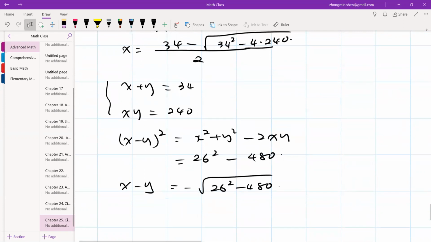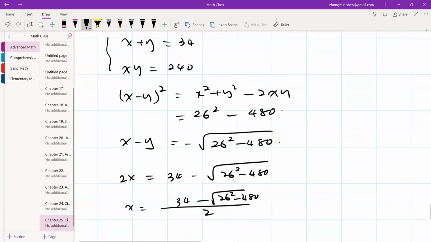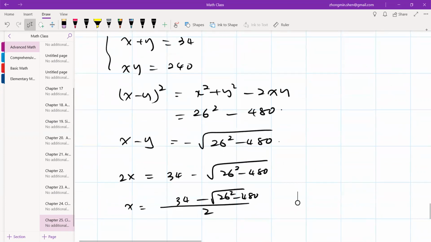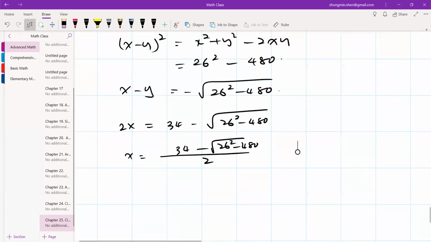Add them together, it's 2x equals 34 minus the square root of 26 squared minus 480, and divide by 2, you get the answer. That's another way to do it without using the quadratic equation, but you still end up with an expression similar to the quadratic equation. All right, so let's stop here and go to the next problem.